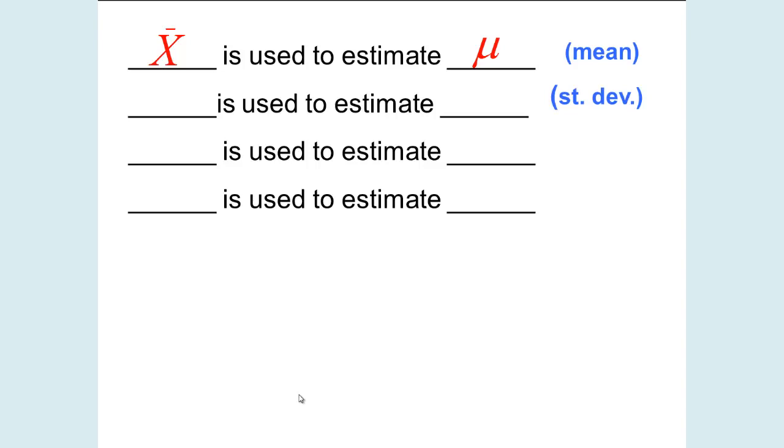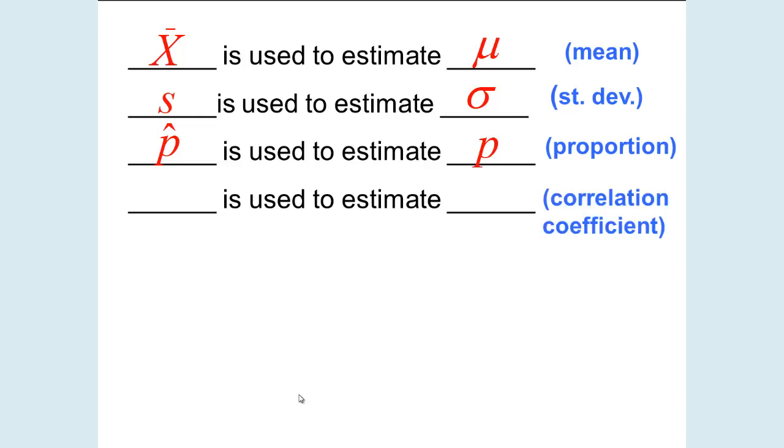In standard deviation, s, the sample standard deviation, is used to estimate sigma, the population standard deviation. In proportions, p hat is used to estimate p, the proportion. And as we're talking for now, r is used to estimate rho.